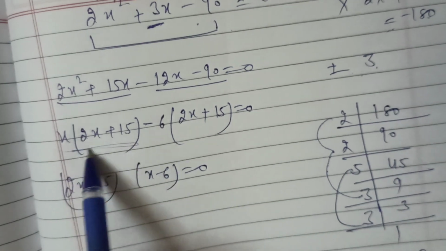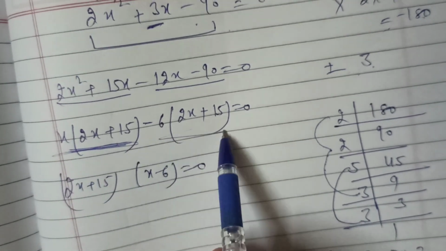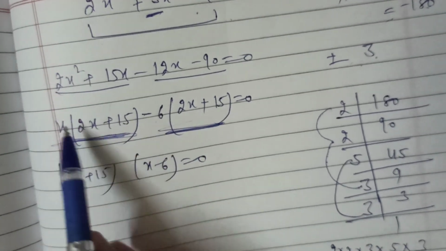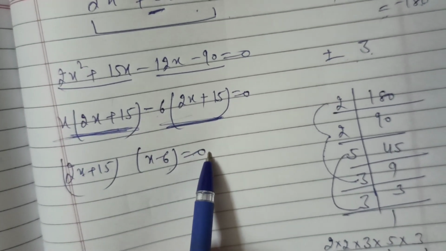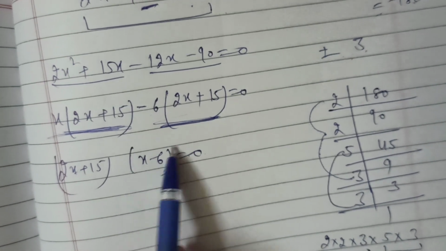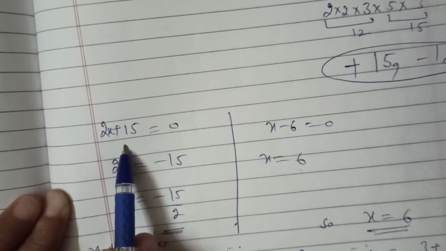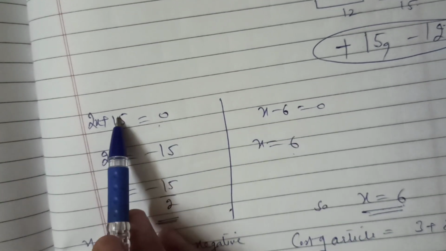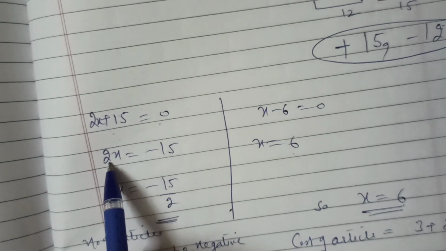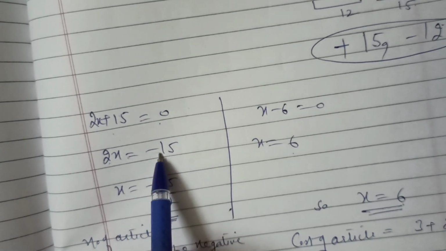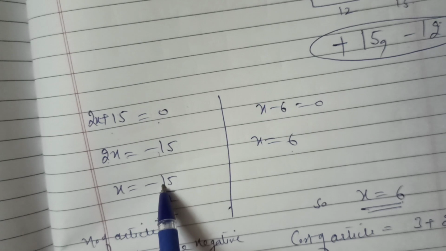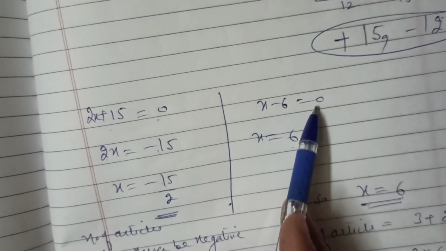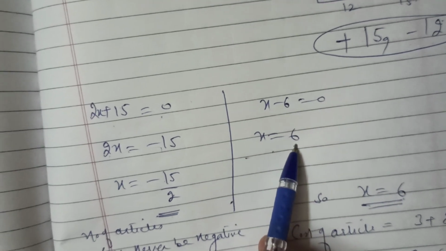Now again, this is one term, this is second term. 2x plus 15 out. What will be left? x minus 6 is equal to 0. Now each of them separately can be equal to 0. 2x plus 15 is equal to 0, 2x is equal to minus 15, x is equal to minus 15 upon 2. Here x minus 6 is equal to 0, x is equal to 6.